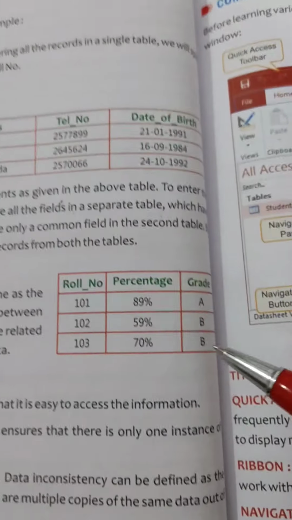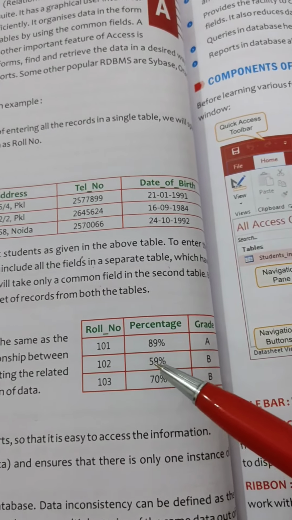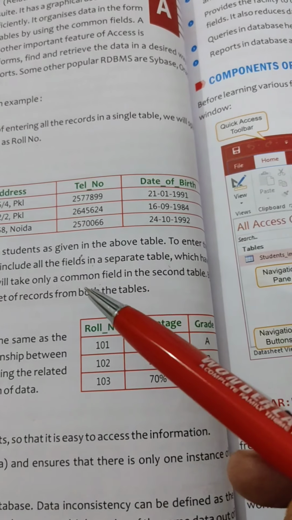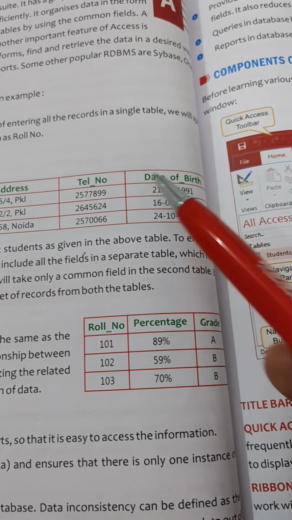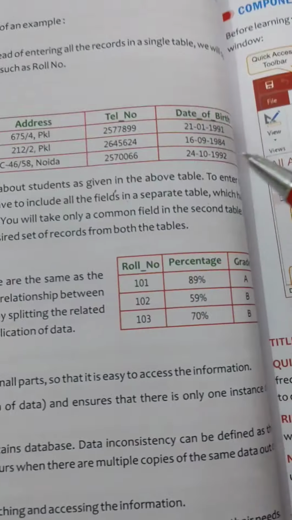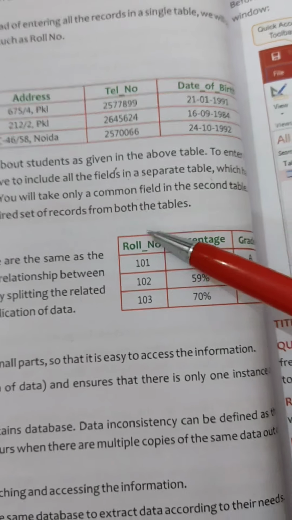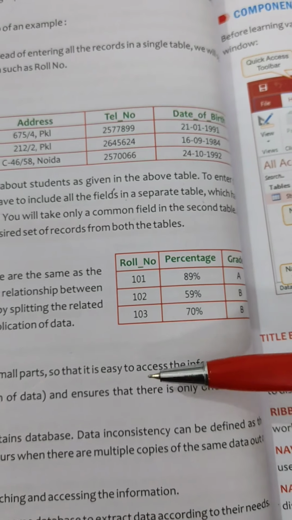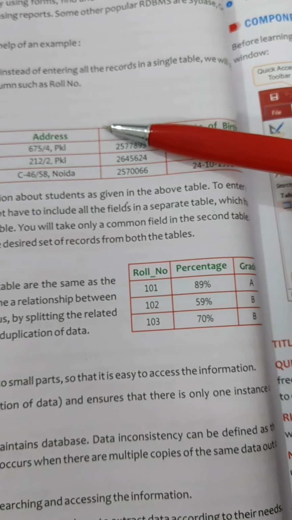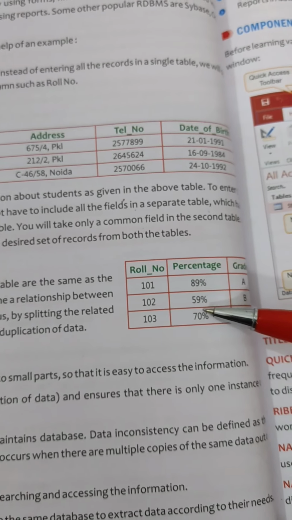So here this is the second table, that is the marks table, in which we make a link with the help of a common field, that is roll number, between these two tables. First is the student information table's roll number field, and here in the marks table also a roll number field. So the roll number field will remain the same in both the student information table as well as in the marks table.